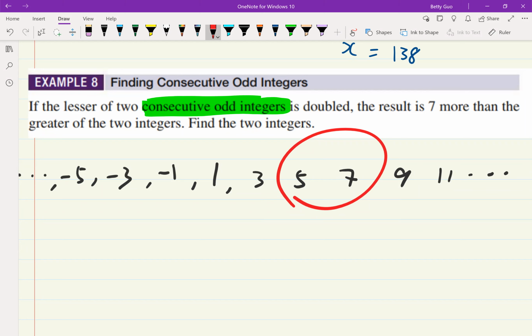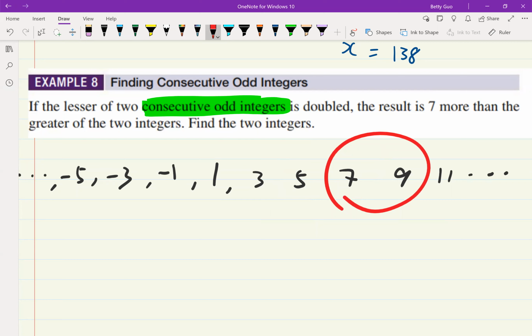So those integers are odd integers, right? Let's take any two consecutive odd integers and see the pattern. Is the bigger one two more than the smaller one? The smaller one is two less than the bigger one. Okay, let's try. You will see they are always like that. See these two?